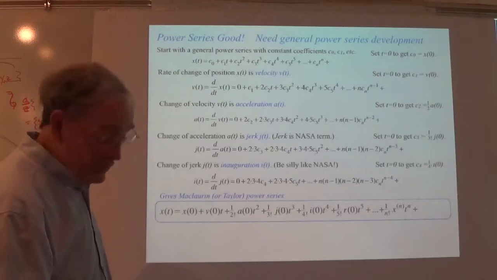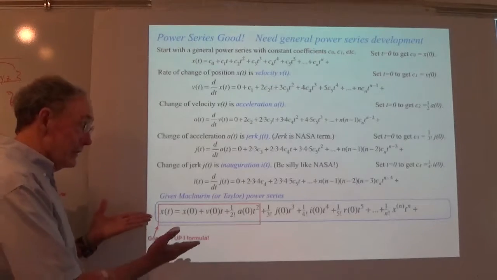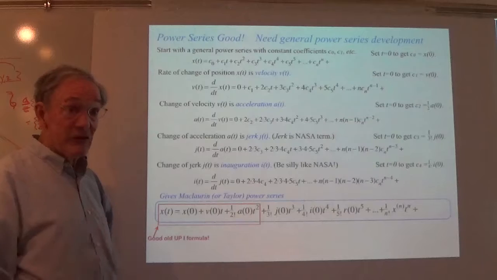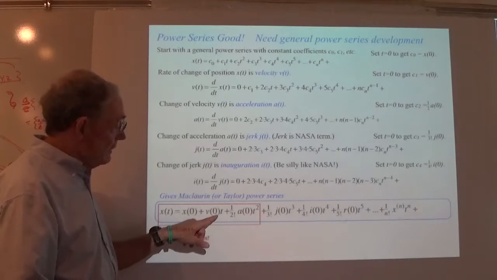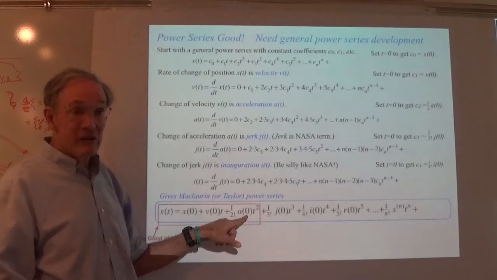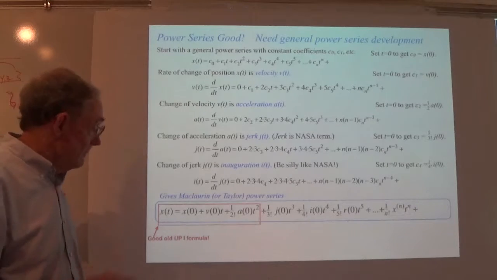Okay, and if you're teaching UP1, it's a good idea to show that this is just part of that series. You have the initial position, you have initial velocity, and if you have constant acceleration, you don't bother to put the 0 here and have another term. So that's, I think, important.